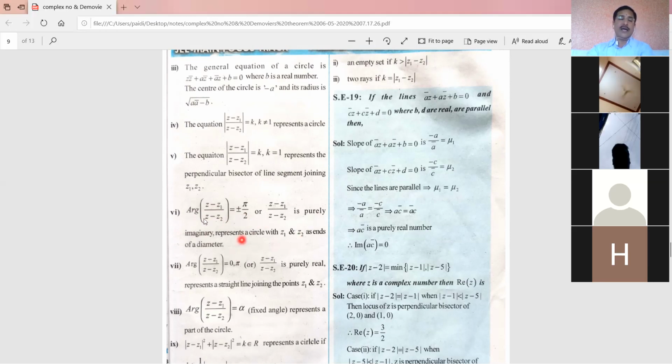That means it is based on the concept that the angle in a semicircle is 90 degrees. If the angle between z z1 and z z2 is 90 degrees, that means the lines joining z1 and z2 make 90 degrees at some point z on the circumference of the circle. That means z1, z2 and z make a semicircle.